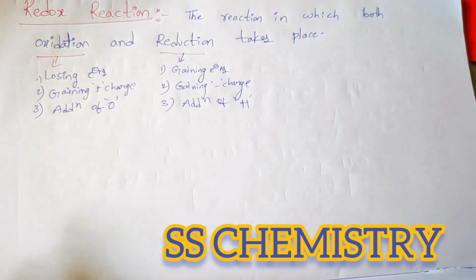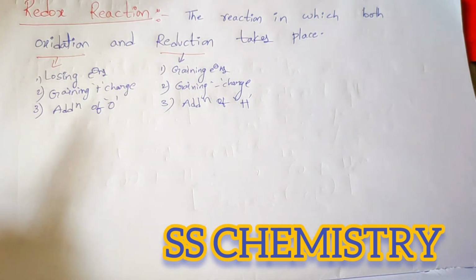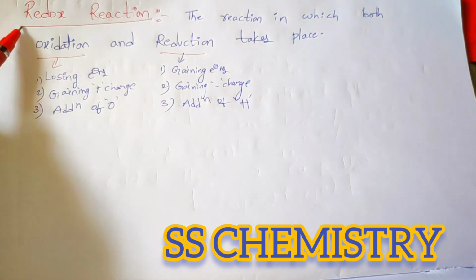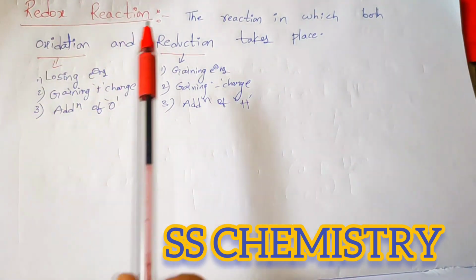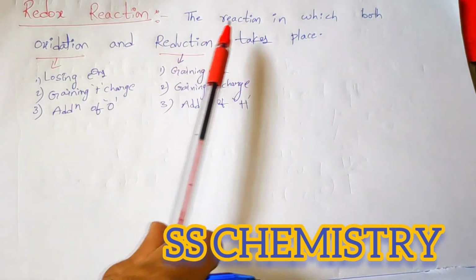If you see previous videos, you will get oxidation and reduction definitions and examples. Based on this, we are going to discuss redox reaction, the reaction in which both oxidation and reduction take place.